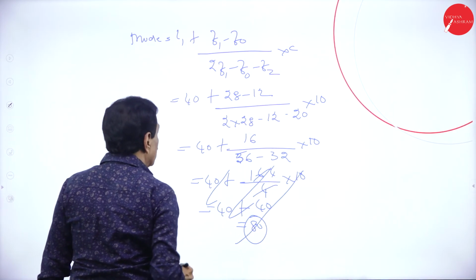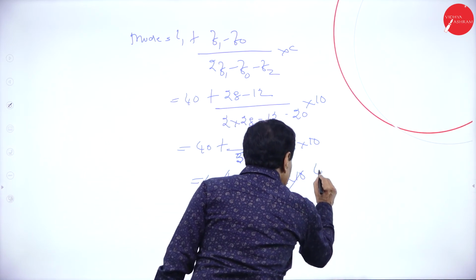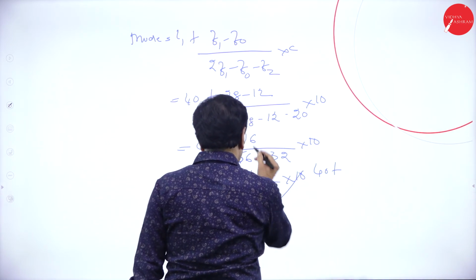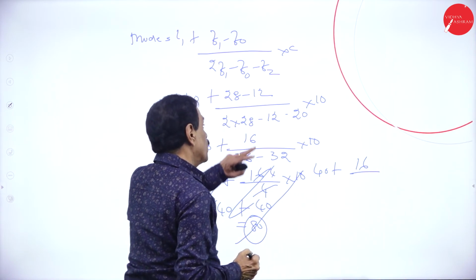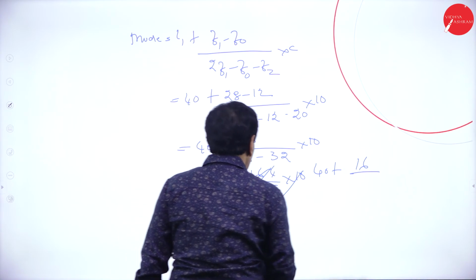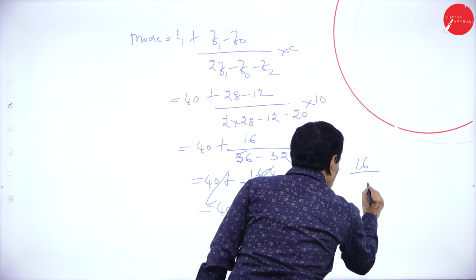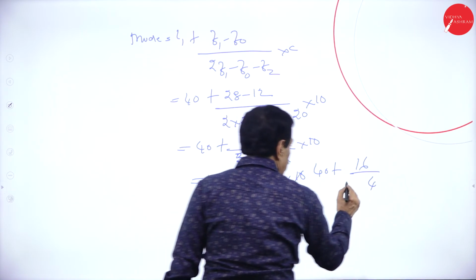Simplify this. This is 16. 28 twos are 56 minus 12 minus 20, that is 24.